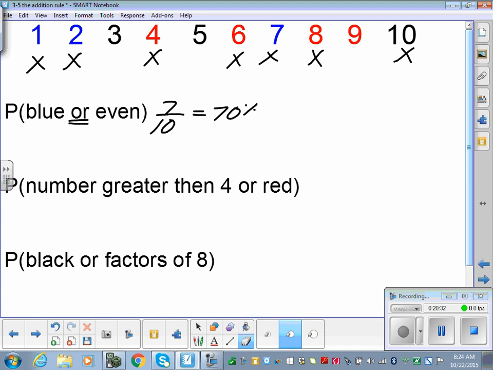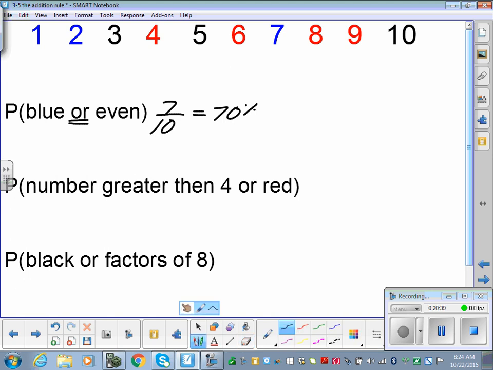Okay, let's do another one. Now what's the probability that we're going to have a number greater than 4 or a red? A number greater than 4 or a red. So I'm going to go through and cross out the ones that get to come. A number greater than 4 would be 5, 6, 7, 8, 9, and 10.